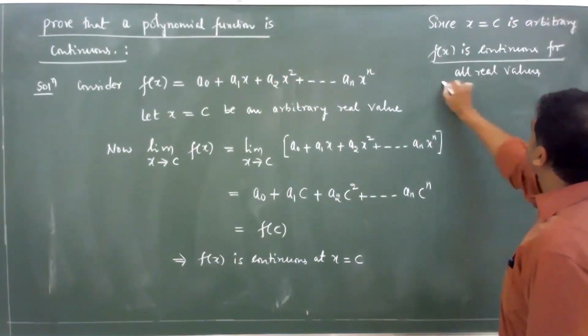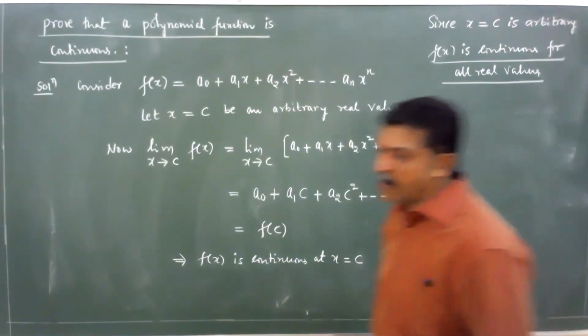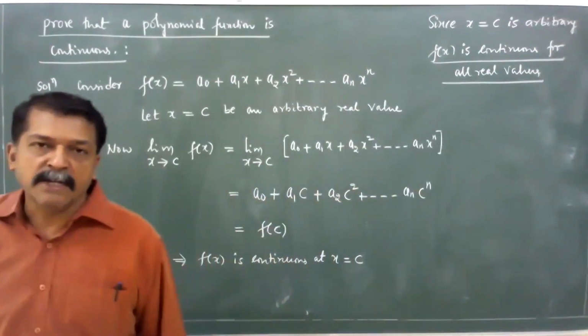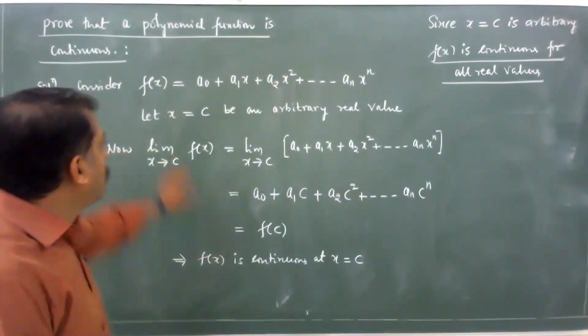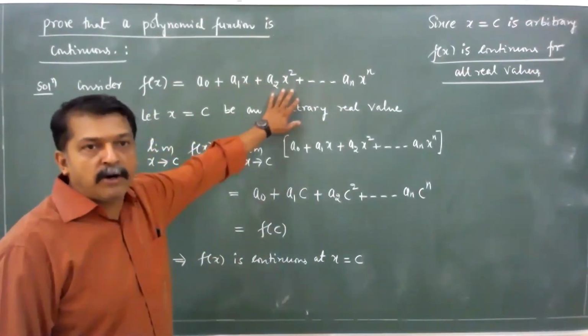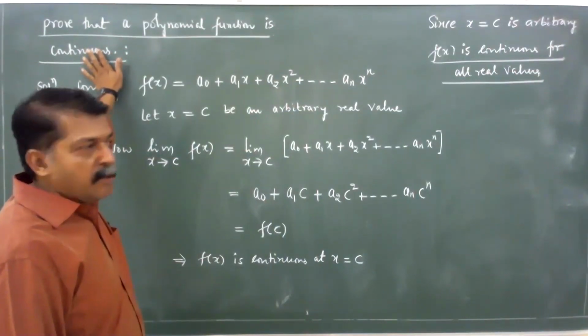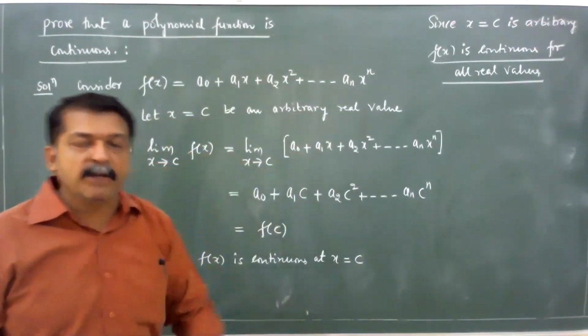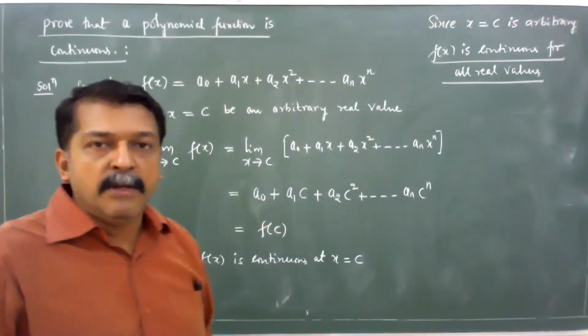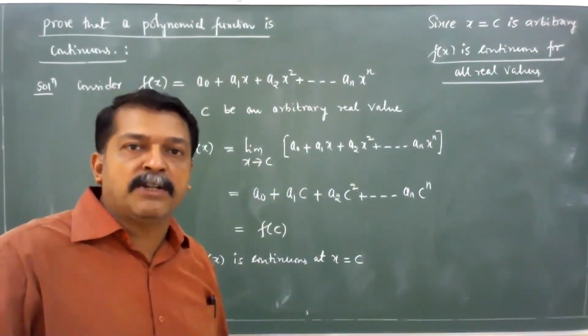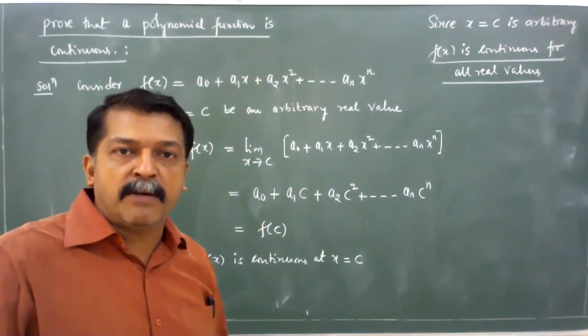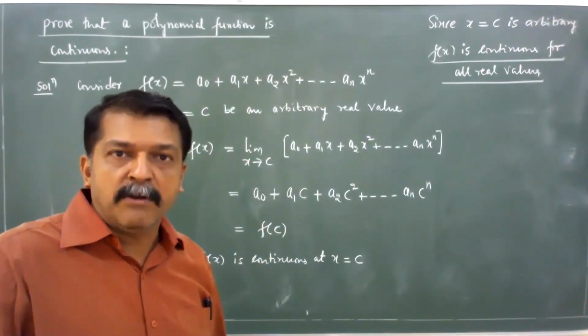This is your standard result, a bookwork in your NCERT textbook. A polynomial function is a continuous function. The moment we say polynomial function, if it is of degree 1, then it becomes a linear function, then quadratic function, cubic function.